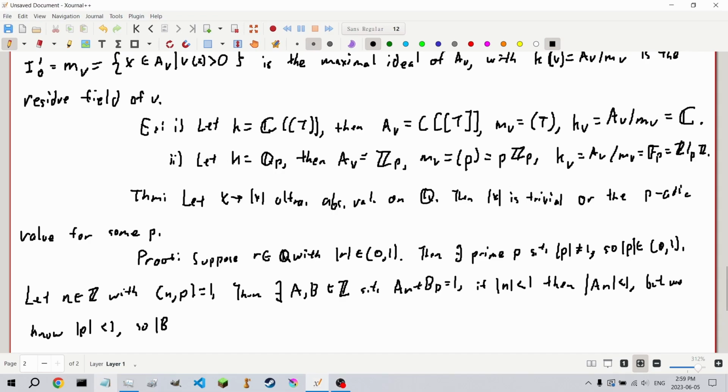So the absolute value of b p is less than 1. So in this case, the absolute value of 1 would be less than 1, which is a contradiction. So the absolute value of n must be 1.